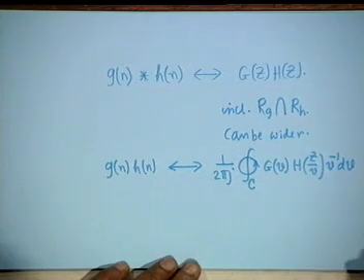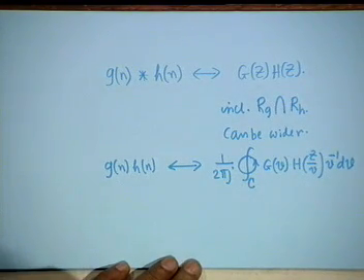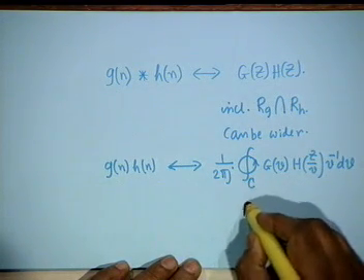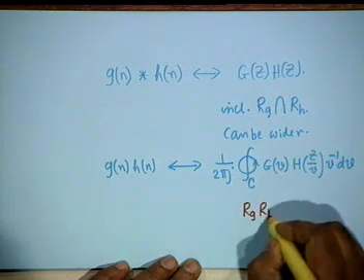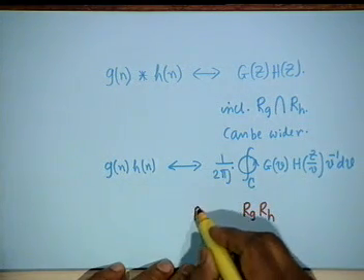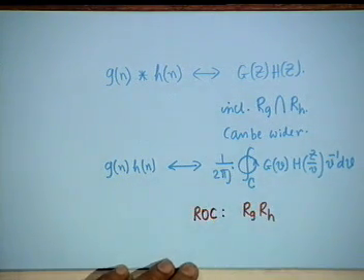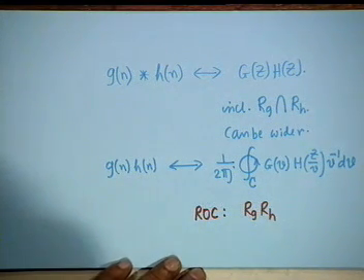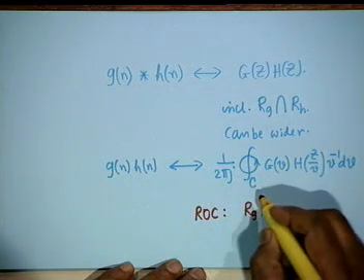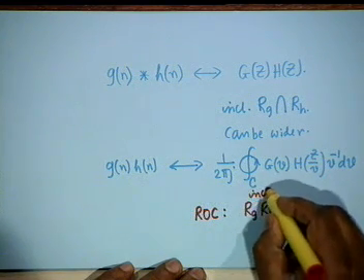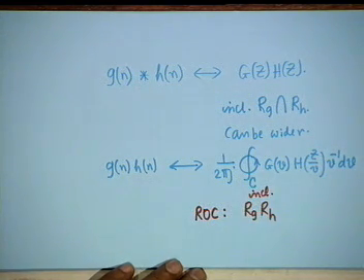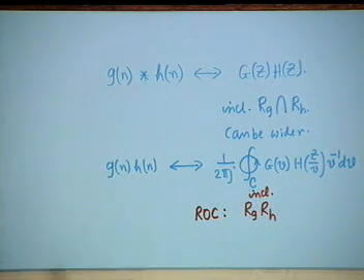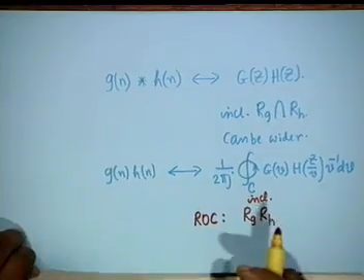Obviously, the ROC has to be the product, it is the product RgRh in the sense that we have defined it, but again it includes this. It can be wider than this because there can be cancellations. So it includes RgRh, but it can be wider.